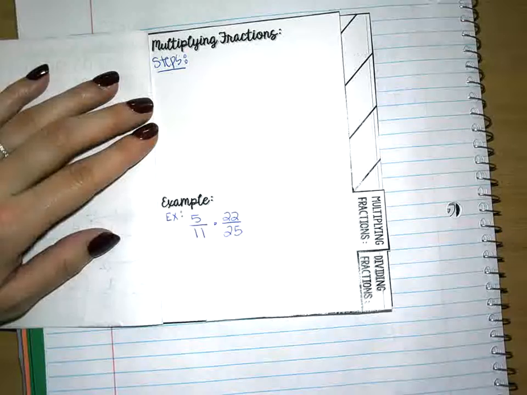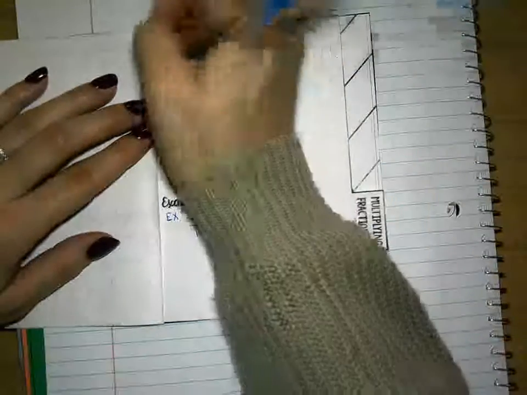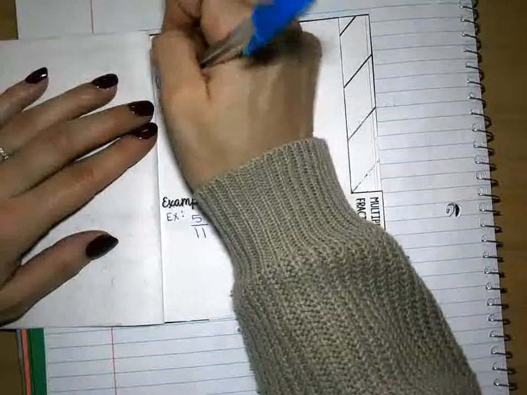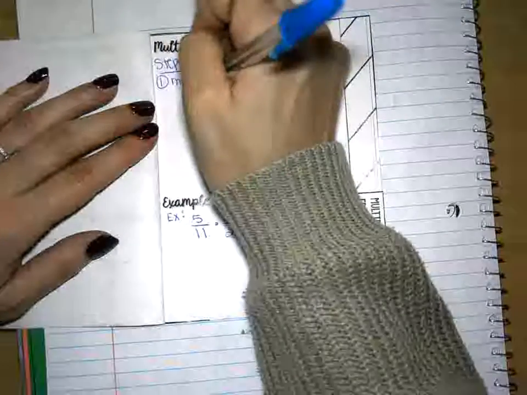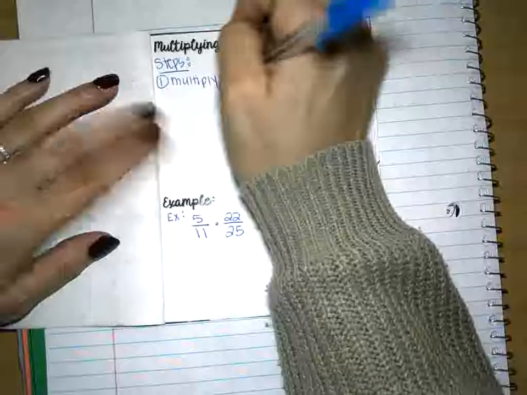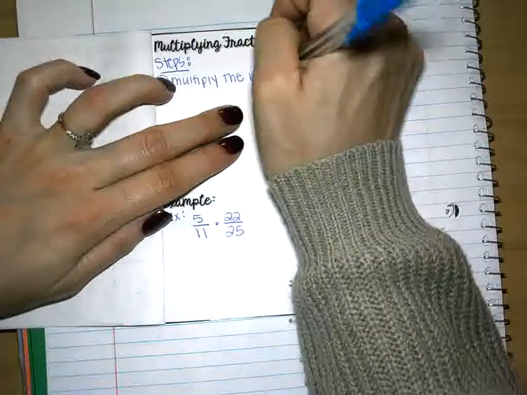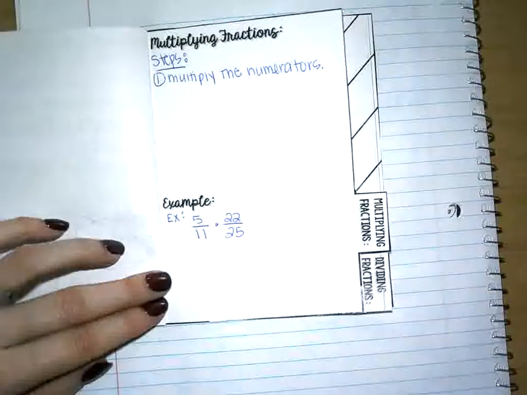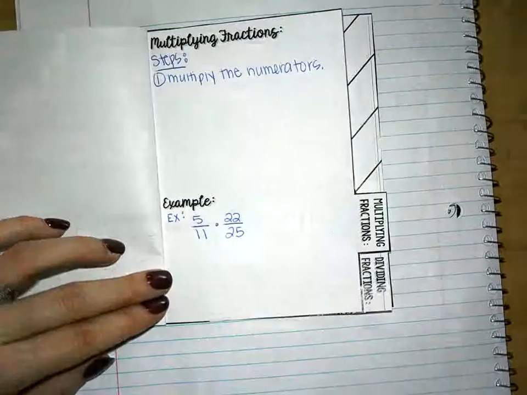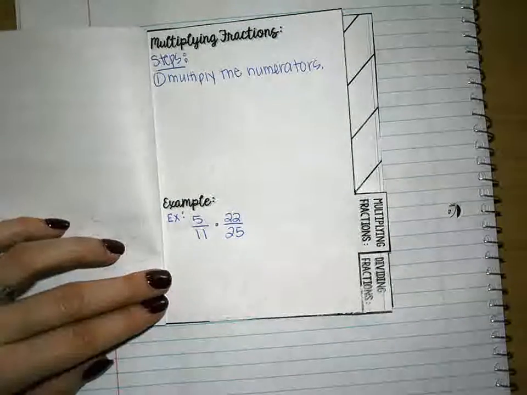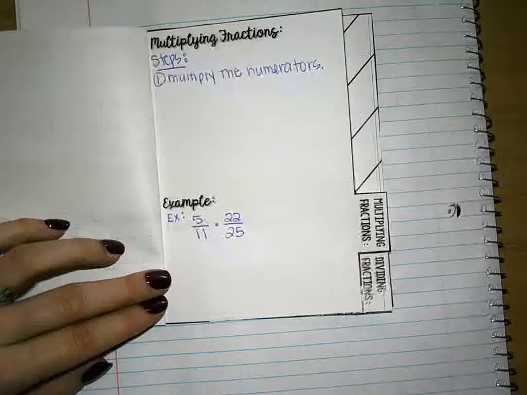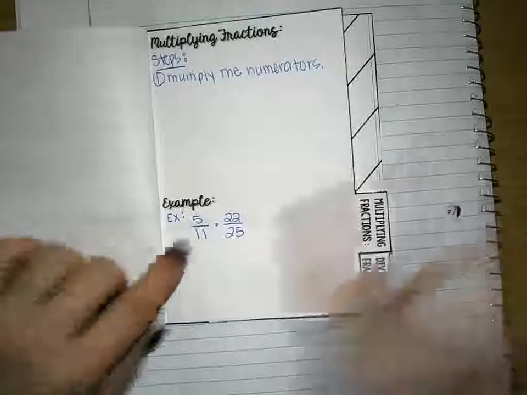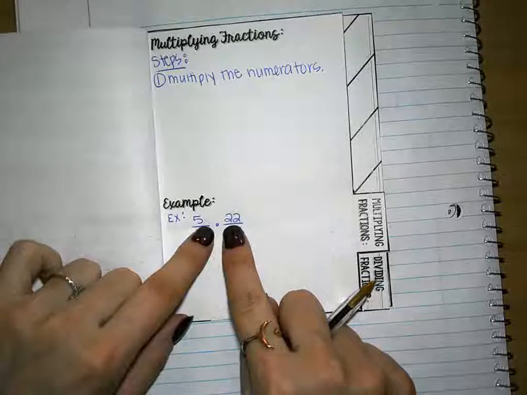The first thing that you can do is, step 1, multiply the numerators. What are my numerator numbers? In this case, the top numbers are 5 and 22.